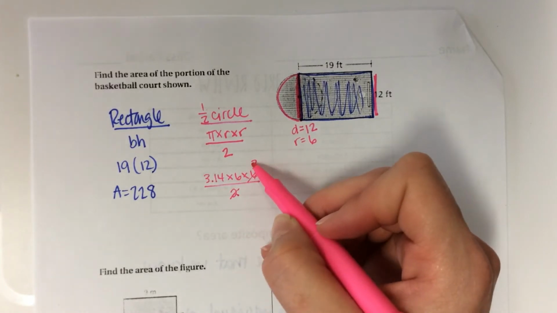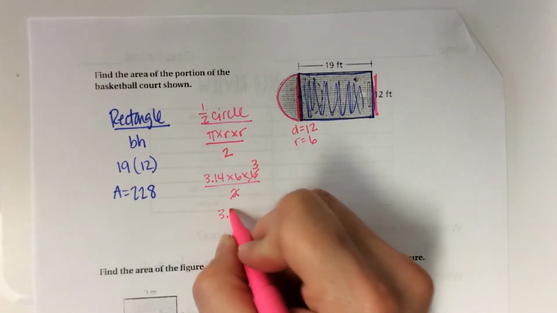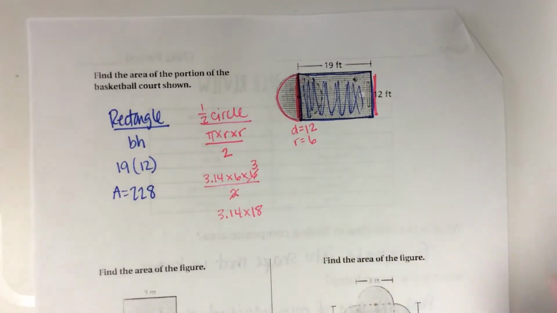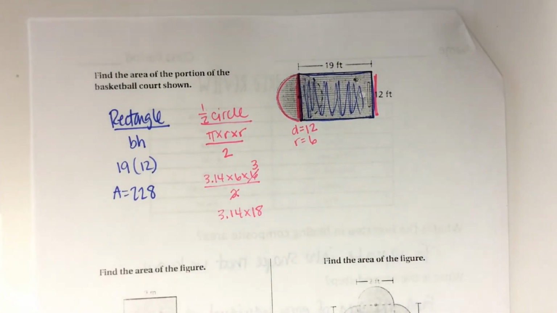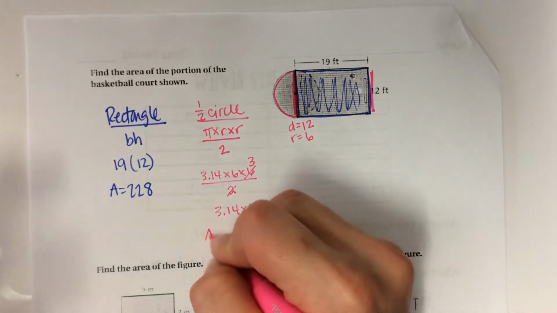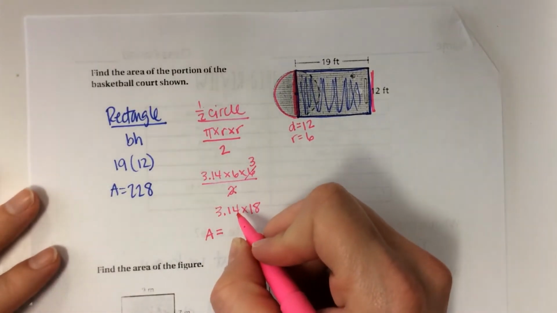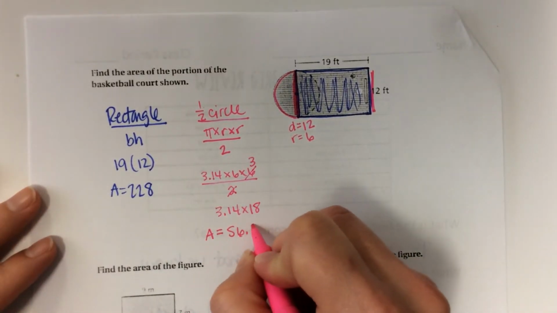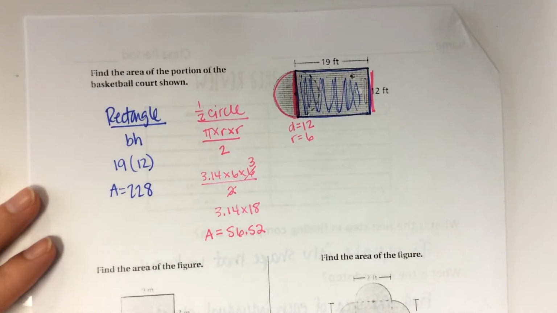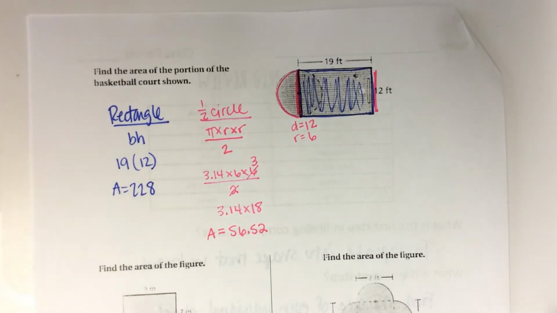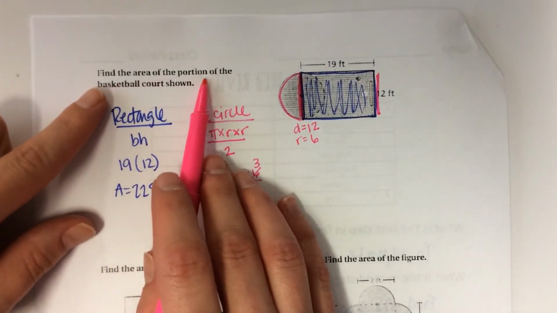Well, 6 times 3 is 18. So I've got pi times 18. Whenever you do that multiplication, don't forget that you have to move your decimal in your answer 2 places. So the area of this half of a circle is 56.52.